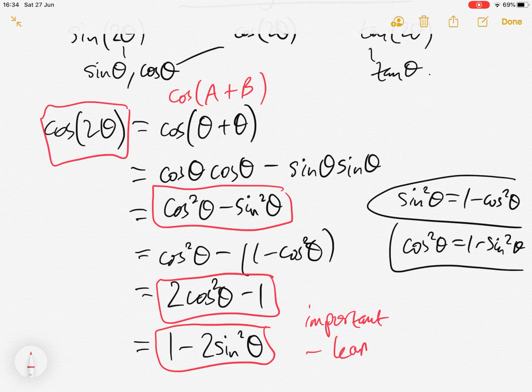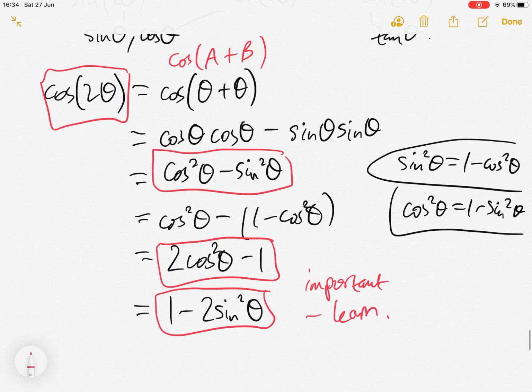My suggestion would be to learn them because you will need them all. And we'll also see, for example, later when we do integration, these 2 formulas here are important, but this one is also useful. So really all 3 are useful for you to know, and I recommend learning them.